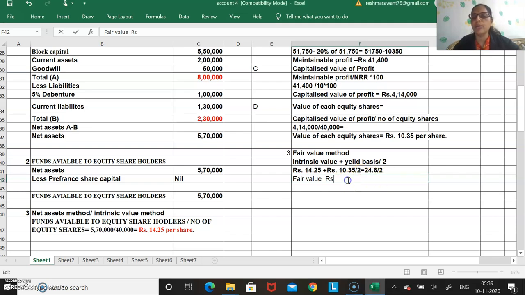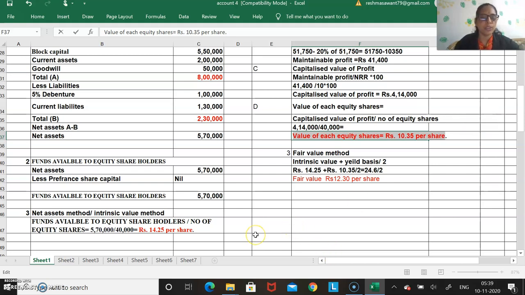So the fair value of each equity share is rupees 12.30 per share according to fair value method. So here we complete our first complete numerical problem based on valuation of shares including all methods, that is called fair value method.